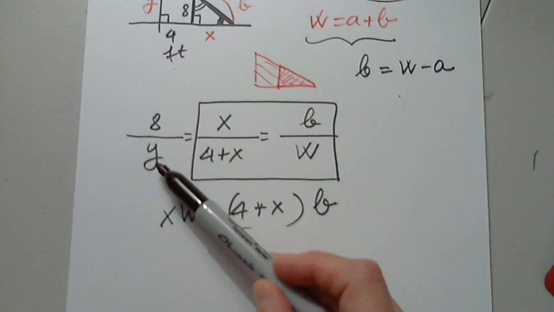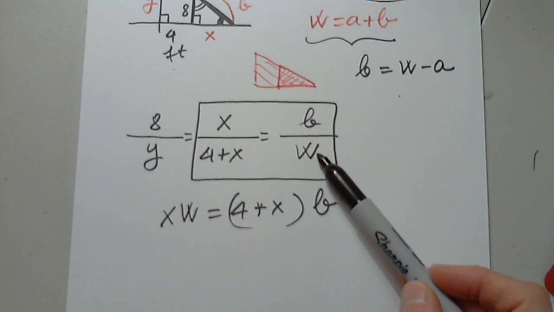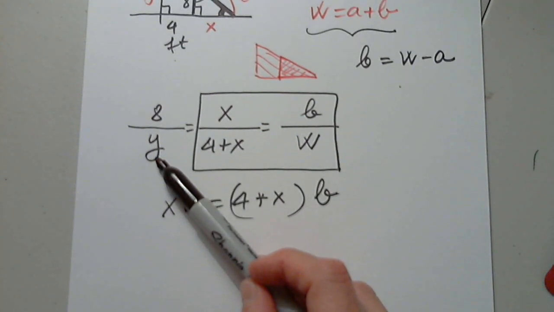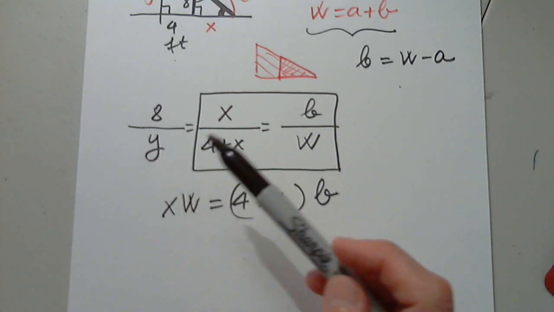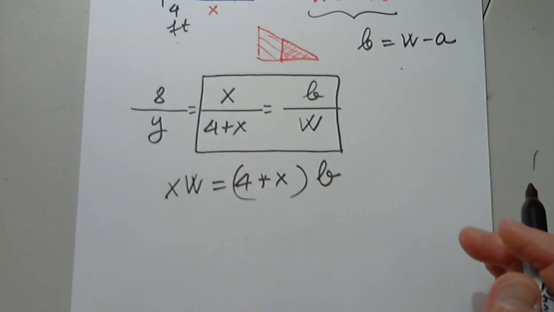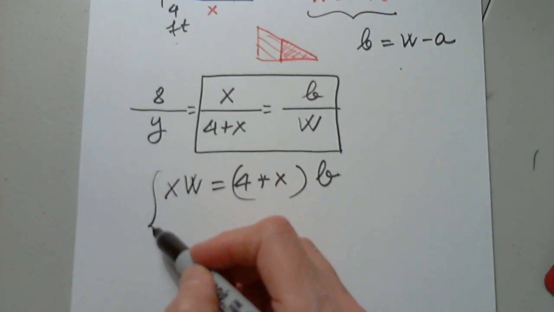Now, if I use this proportion, then I will have y in the equation, and I don't want that. I may have to do it. I have a lot of variables here, a lot.